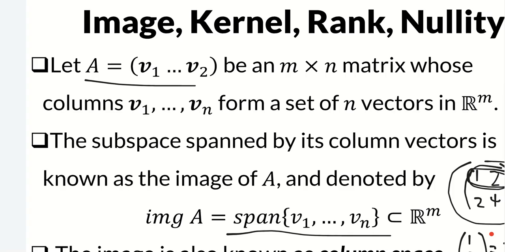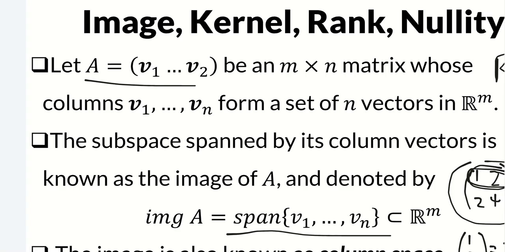But we got the image, and we know that the image is 1 because the other entry is just a scalar multiplication of the first one. So the image is 1, which means it is spanning a straight line.